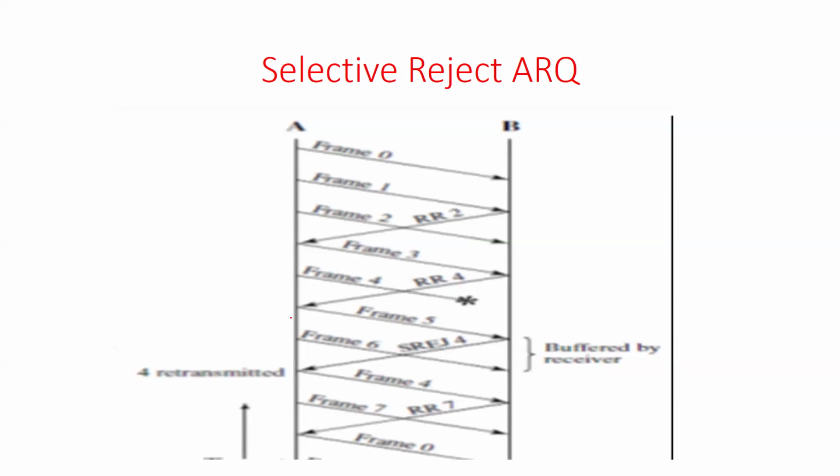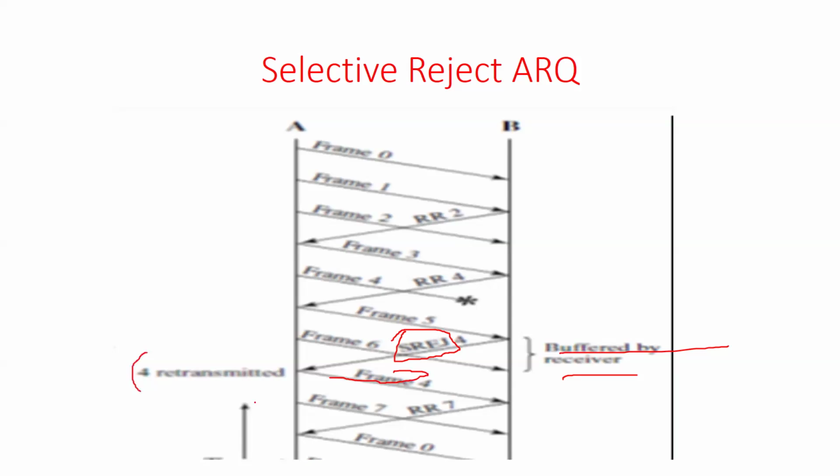Here it shows the selective reject ARQ. Again it was retransmitting, with buffering at the receiver. Frame 7 and there's a retransmit.